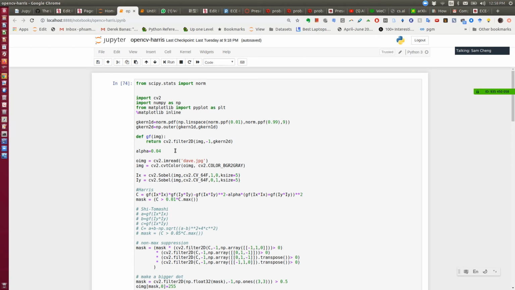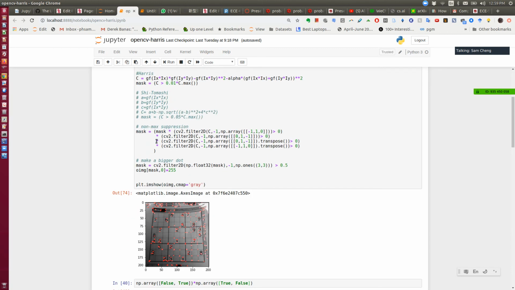It's a Gaussian kernel with a PPF from 0.01 to 0.99, and the size of that patch is 9 by 9. I just make a 1D kernel and then take the outer product to form the Gaussian kernel patch. Then I make it a function, just to make it easier to call.